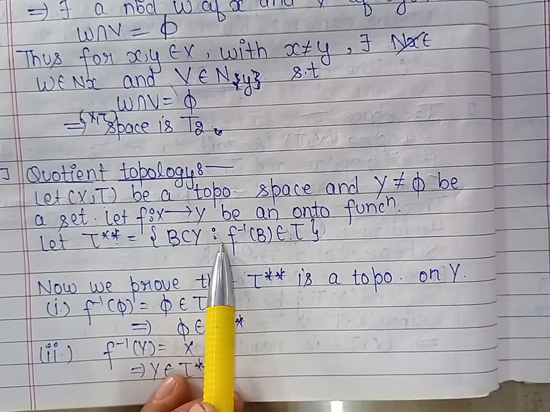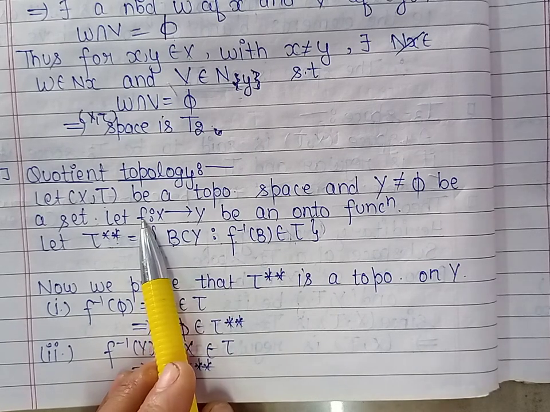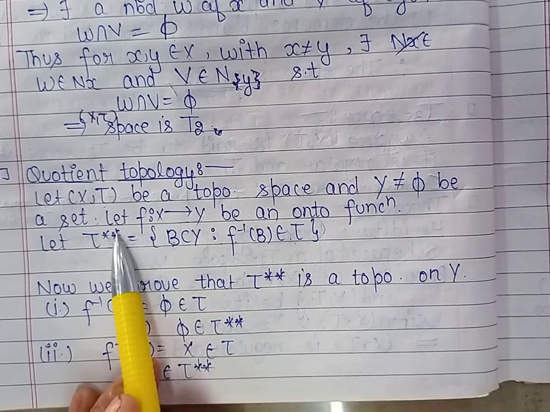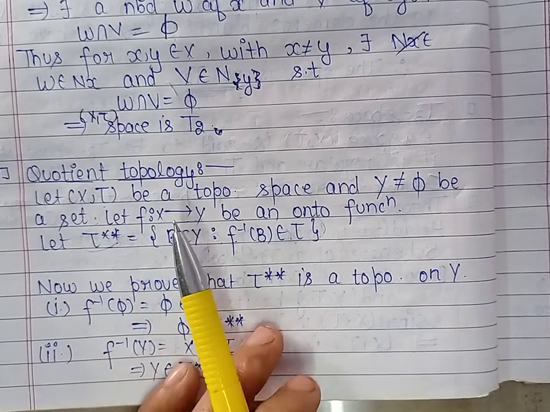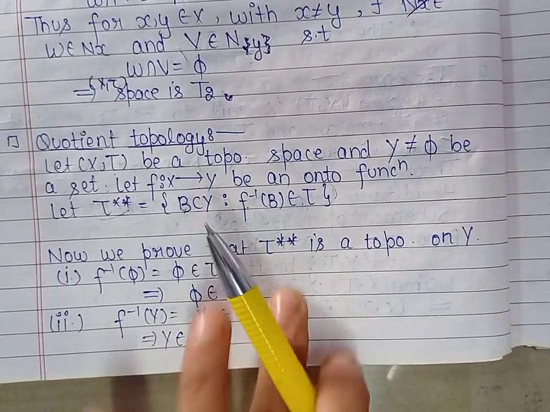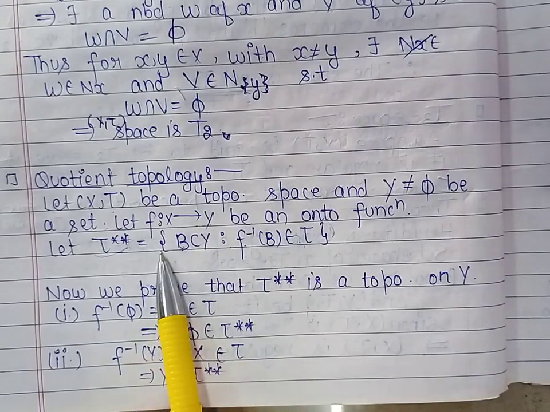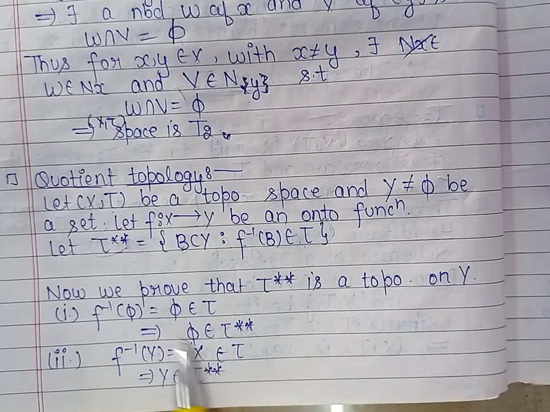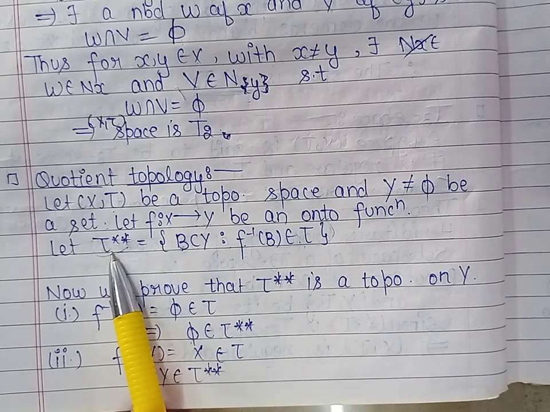Now we claim that this is a topology on the set Y, and then this will be called the quotient topology on Y with respect to this onto function f. Now to prove this collection is a topology, we will have to verify the four conditions of the topology. In the first condition, we show that the empty set phi belongs to this collection.